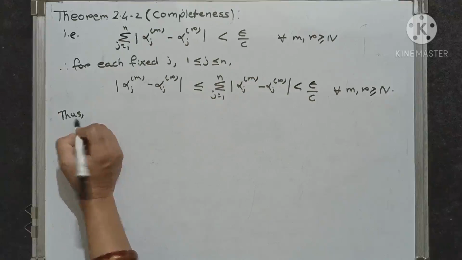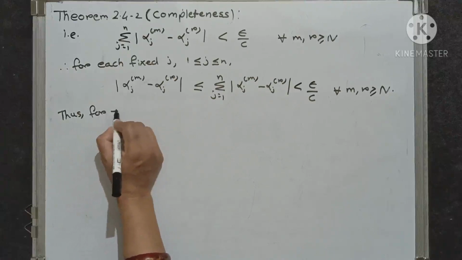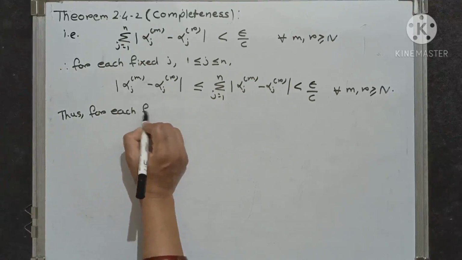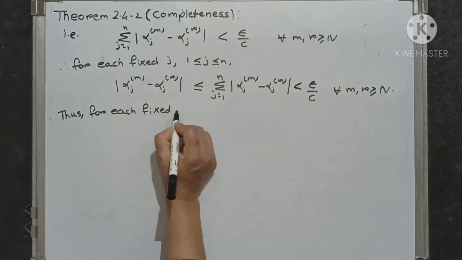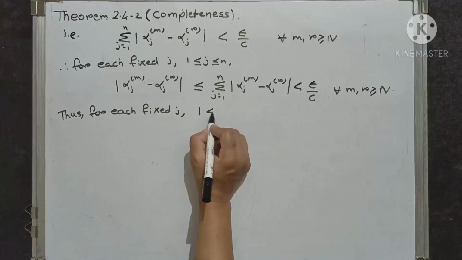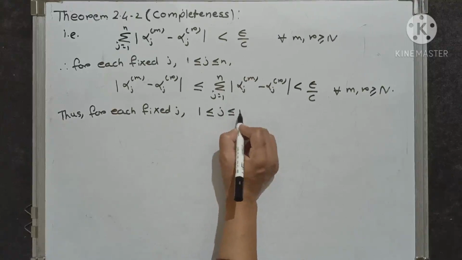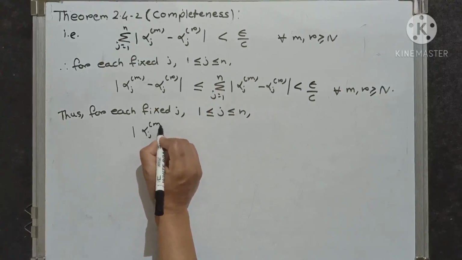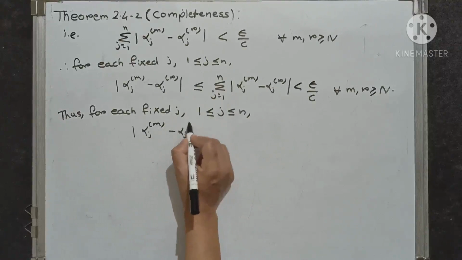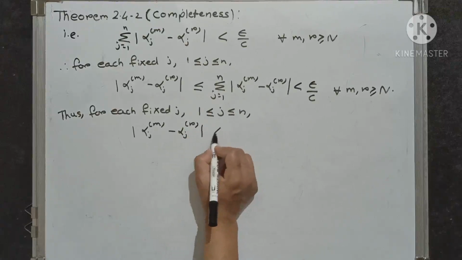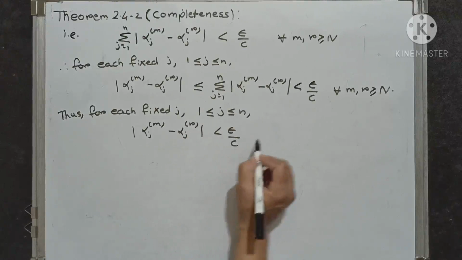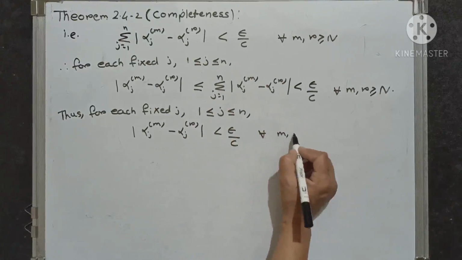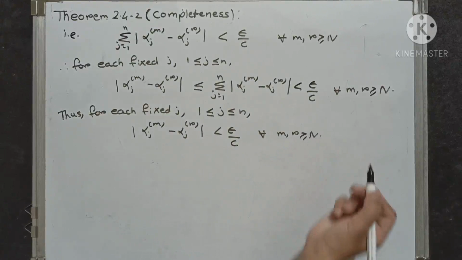Thus for each fixed j, 1 less than or equal to j less than or equal to n, we get mod of alpha jm minus alpha jr is less than epsilon by c for all m, r greater than or equal to n.